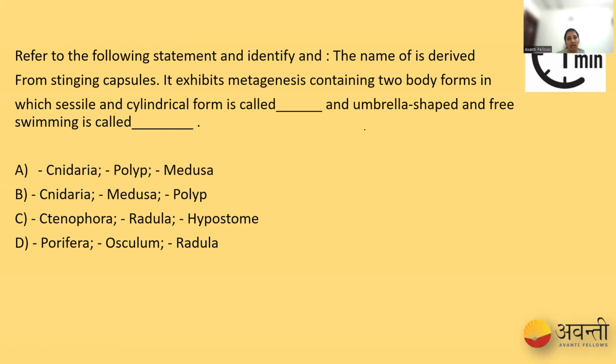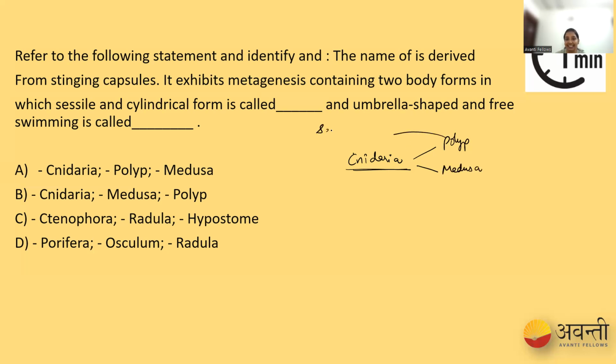In this question, we have to find out the name of the phylum and the two body forms of that phylum. It is the phylum Cnidaria, which is also known as Coelenterata. So Cnidaria has two body forms. Number one is polyp and the other one is medusa.